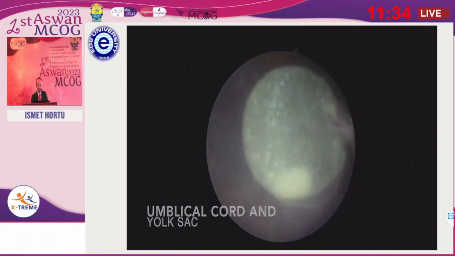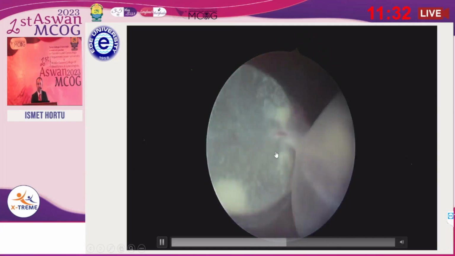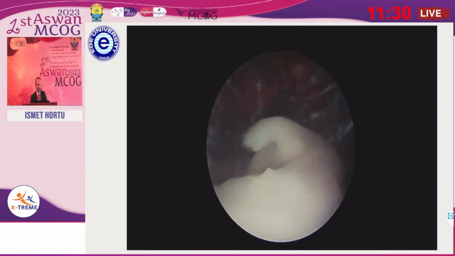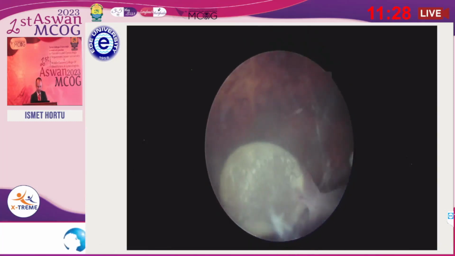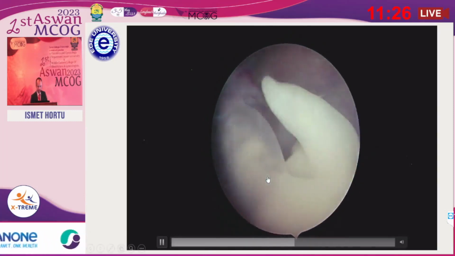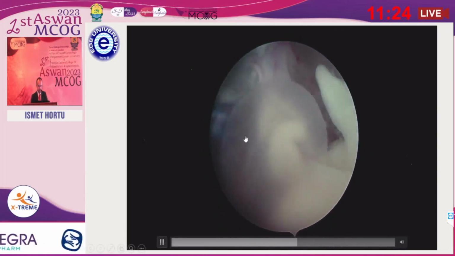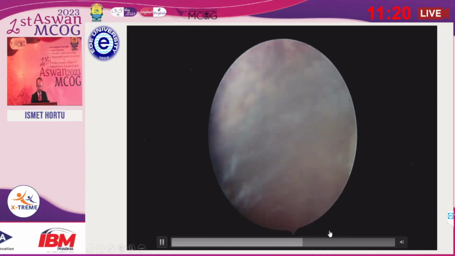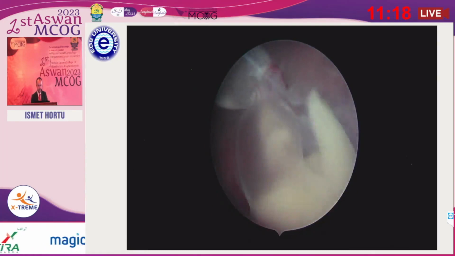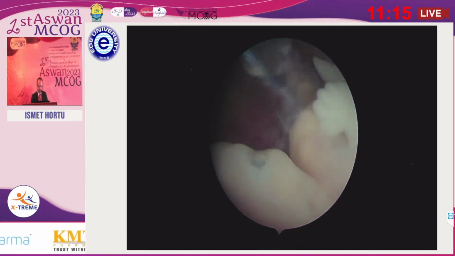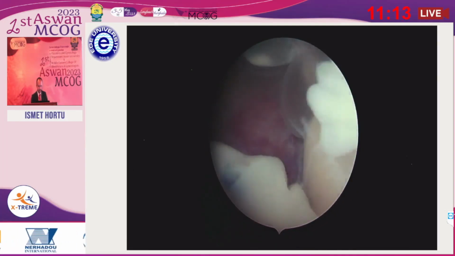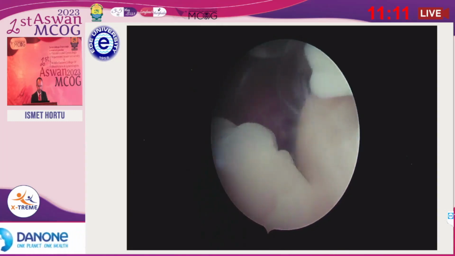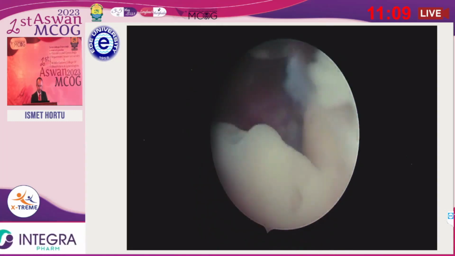We see this part as the yolk sac in the sonography, the double ring, also called the golden ring, and the umbilical cord attached from the yolk sac to the embryo's body. And then it dissolves, and the placenta's role is to provide oxygen and nutrients to the fetus.